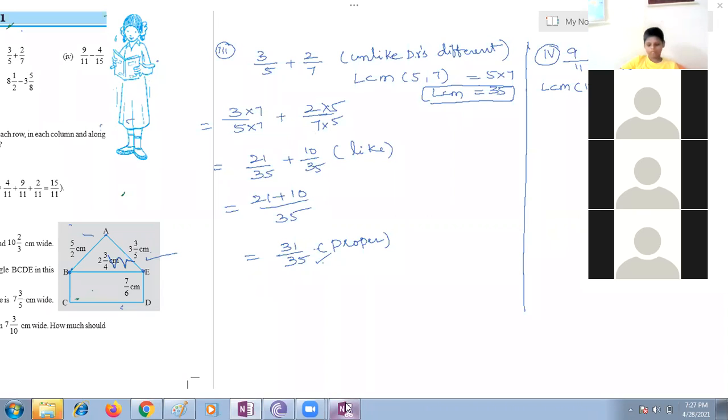Ma'am, can you show the sixth one? Just a minute. These students are not at all concentrating. Why? I don't know. Jait, Nikhil, Pranav, where are you? Pranav, are you there?